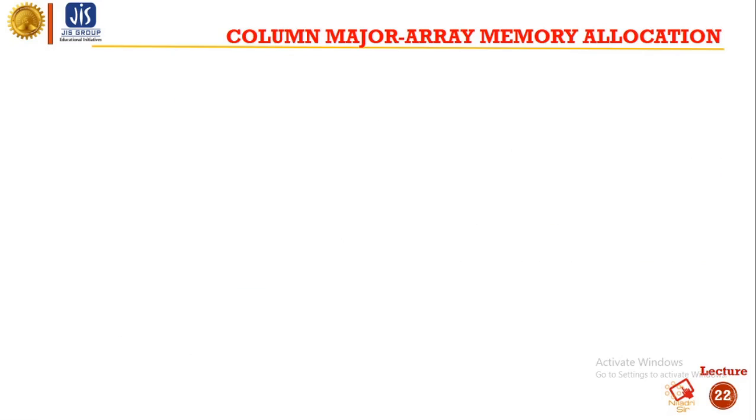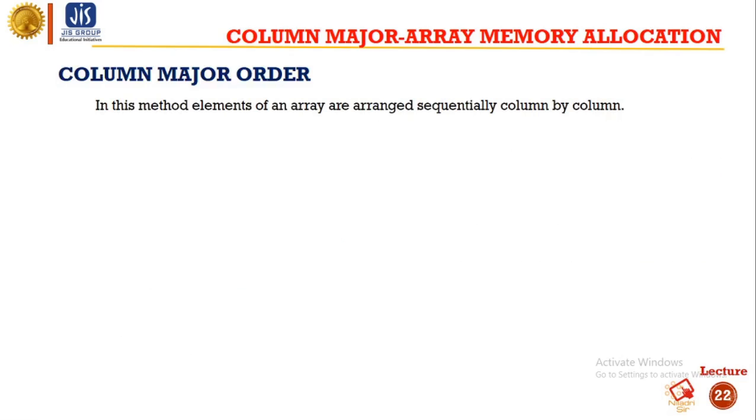Okay, so now we'll do it the column major way. In the column major order, elements of an array are arranged sequentially column by column. Okay, so in our previous case it was row by row. In this case it is column by column.